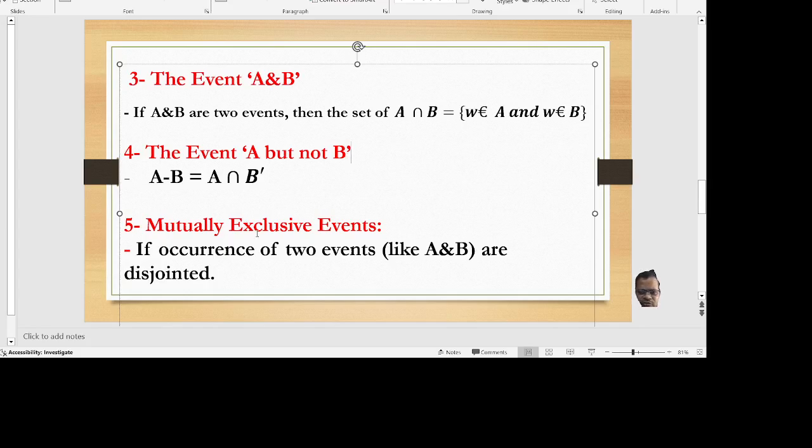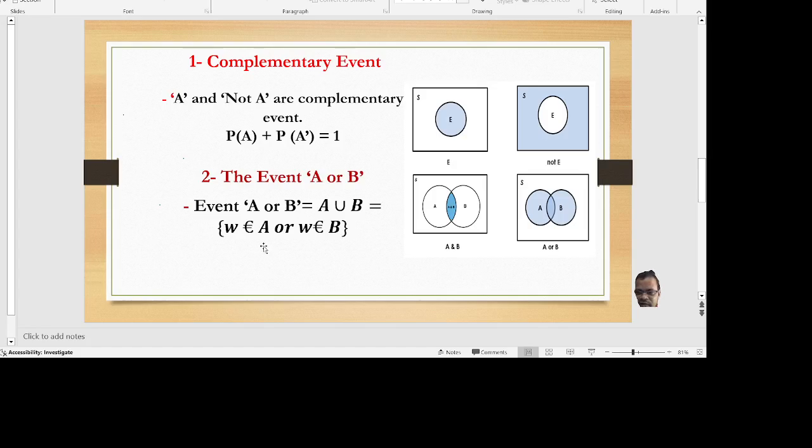You can find A but not B from the Venn diagram too. It is not shaded there, but you can find A not B. If you take A minus B, B is completely subtracted from that.